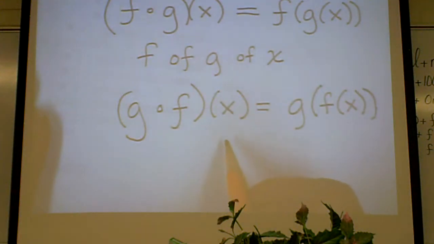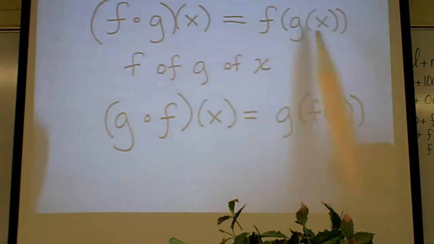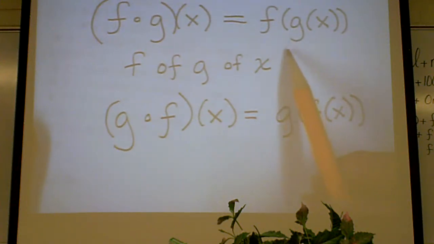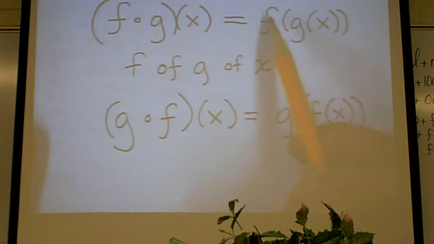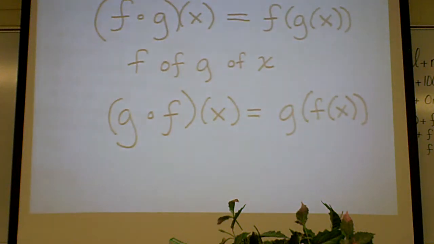They're both different. For this top one, in either case, you would take this x value. This would be your input. You're going to input this into the g function, and you're going to get something. It's your output. You're going to take that output and put it into the f function. So you always start with what's inside, closest to the x.